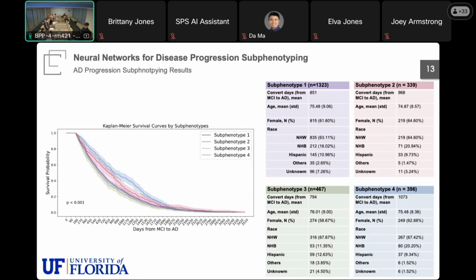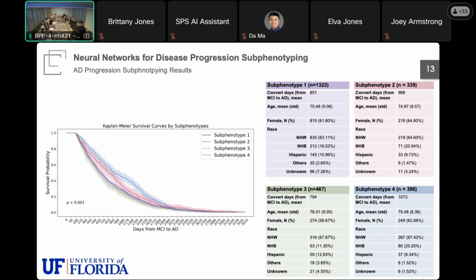And let's check the statistical information of these four types. We can see that the demographic distributions are very similar, and the number of patients in subphenotype 1 is much more than the others, and the individuals in subphenotype 3 show a rapid AD progression.